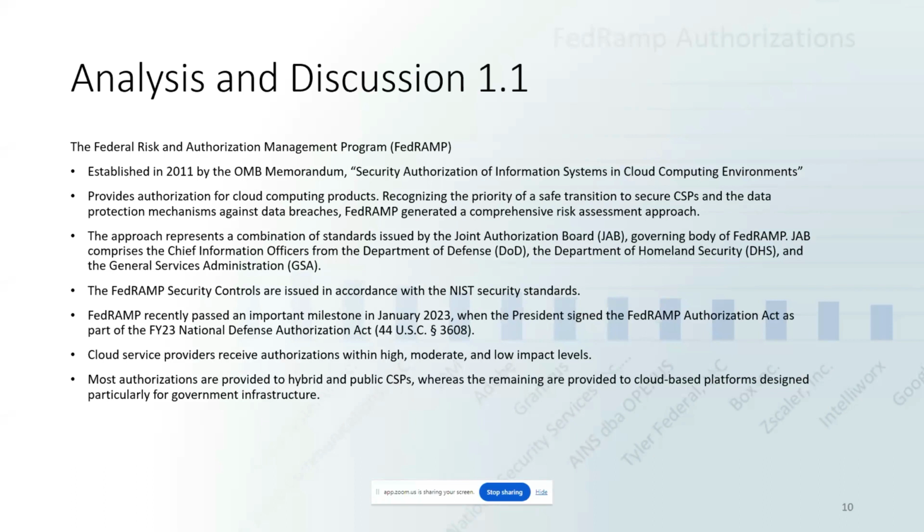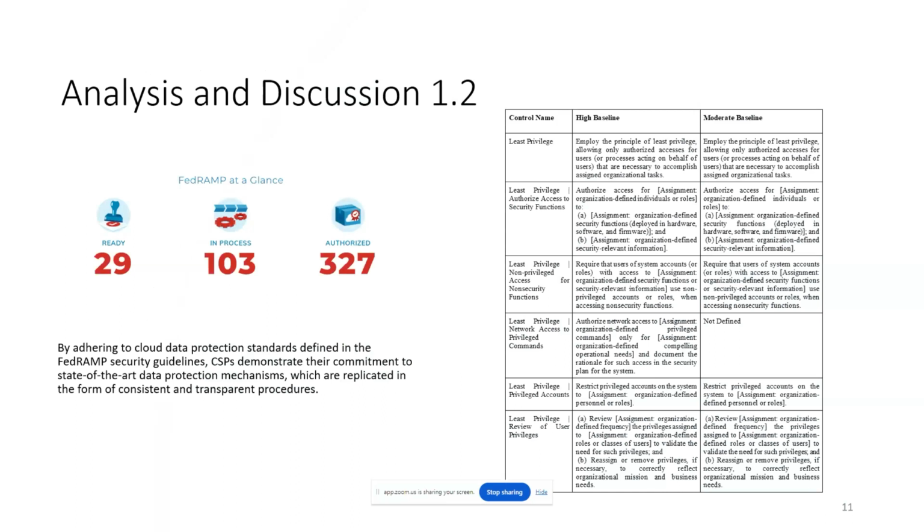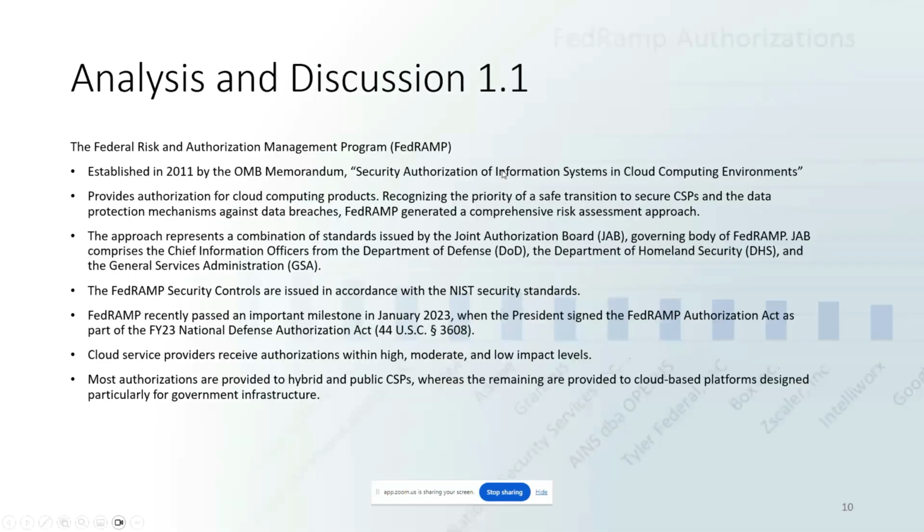FedRAMP relies on several NIST special publication documents, including 853 for system controls and 137, I'm sorry, moving fast, for risk management. This streamlining occurs with a focus on which controls the cloud service provider manages and which are managed by the agency.